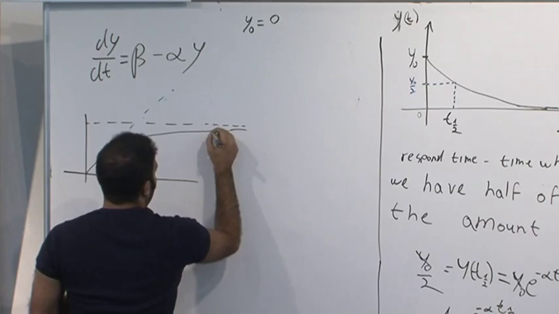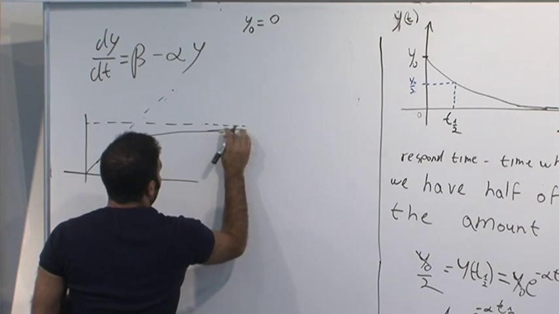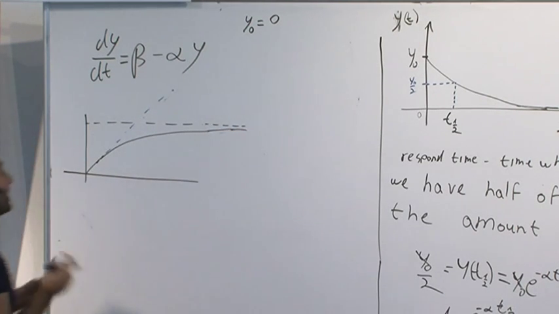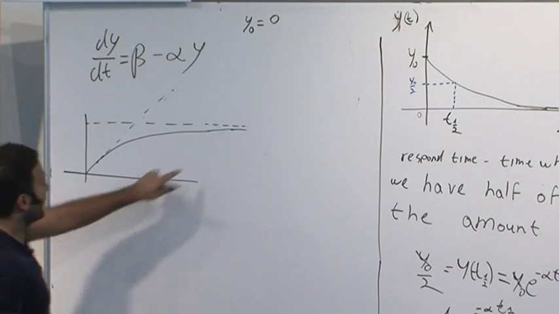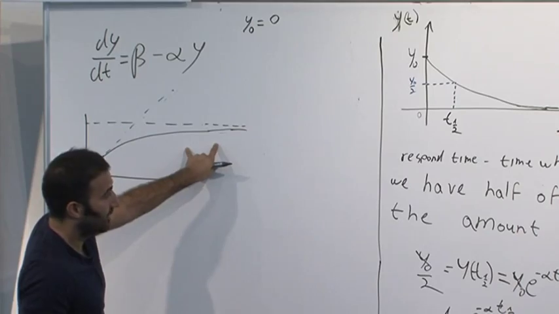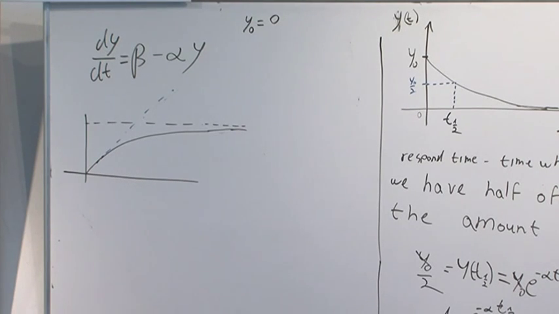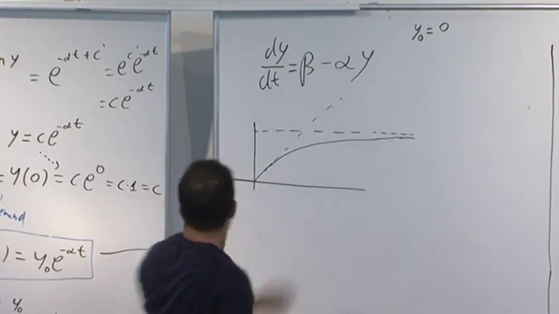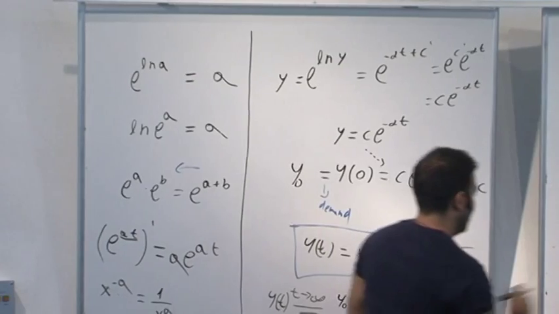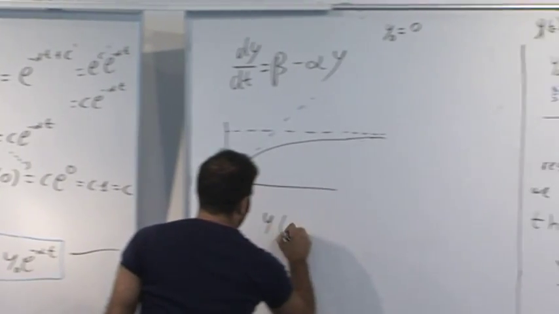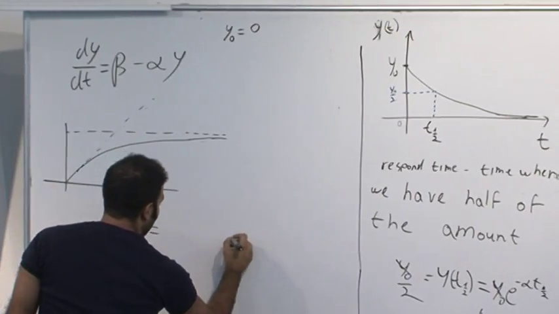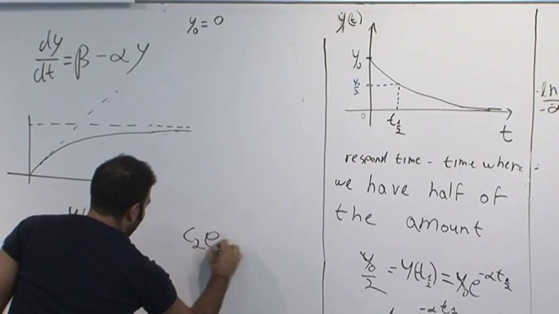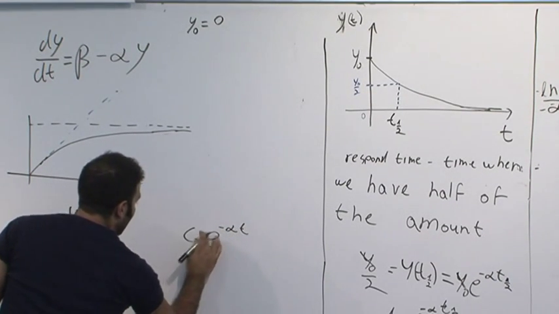So this is just the graph, right? But we want a full solution. Okay? So what will be the full solution? By understanding that, and that together we will understand. What do I mean? We know that the solution of this is a decreasing function, like this, a decaying function. Okay? So we can guess that y of t will be equal to some constant times e to the alpha t.